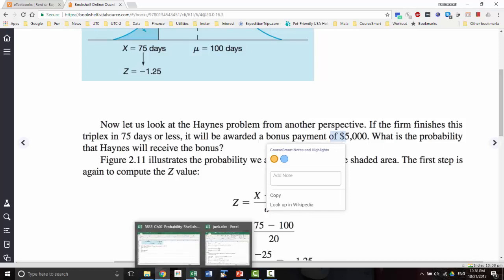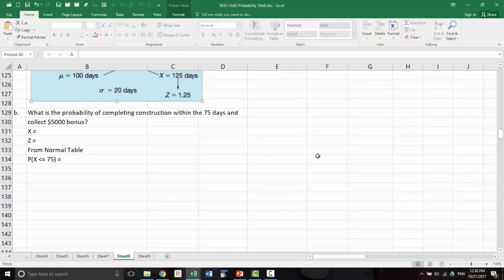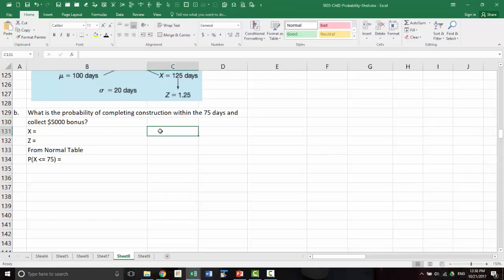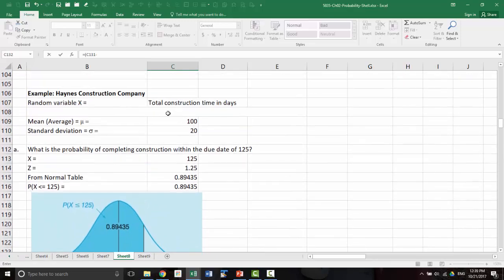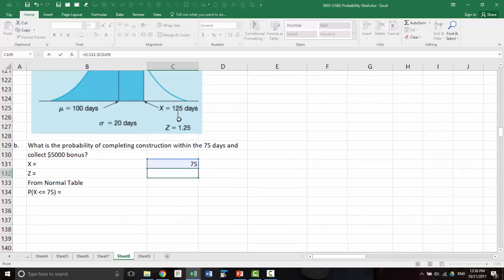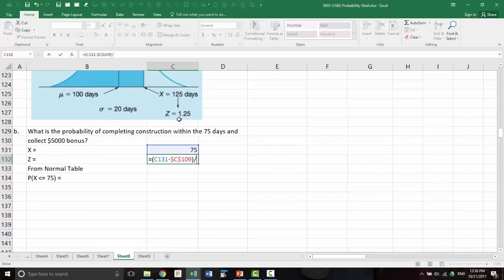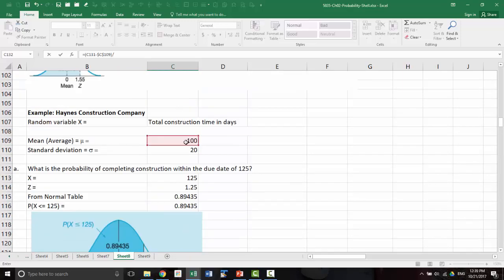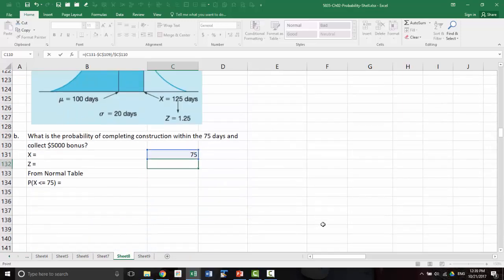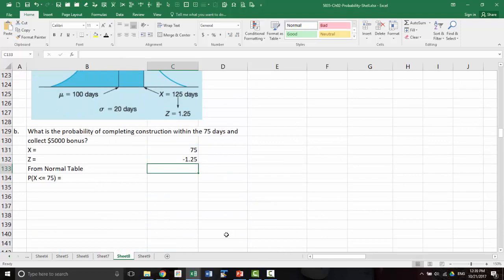So what is the probability that we'll be able to collect the bonus? Here again, 75 is the X that we want. Now Z is 75 minus the mean. I'm going to absolute reference that so we can copy, divided by the standard deviation. Again, let me absolute reference that. So that is our Z.